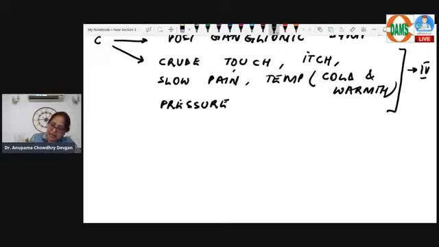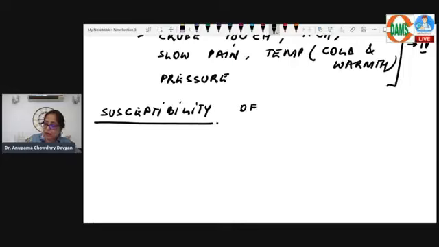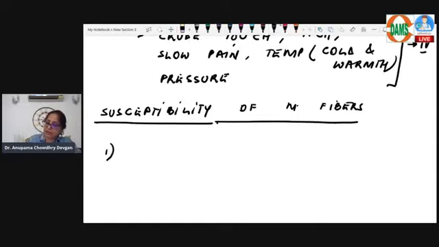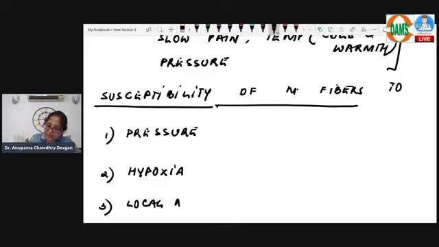Now let's have a look at the susceptibility. When I say susceptibility, that means susceptibility of nerve fibers to, number 1, pressure, number 2, hypoxia, and number 3, local anesthetics.